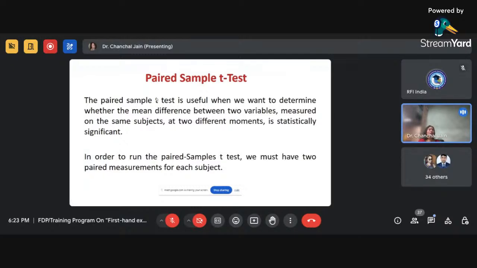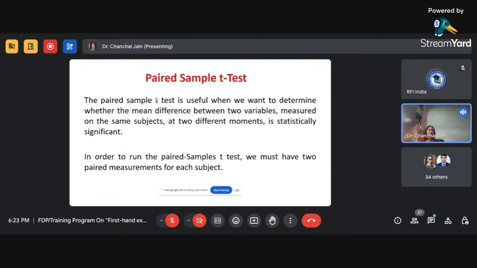If you are doing an experiment in teaching, like if you are teaching your students a particular concept for the first time, you want to know their basic understanding, so you can take a quiz, then teach them, and then after teaching collect the scores of these students on the same questions. That way you can compare their knowledge.